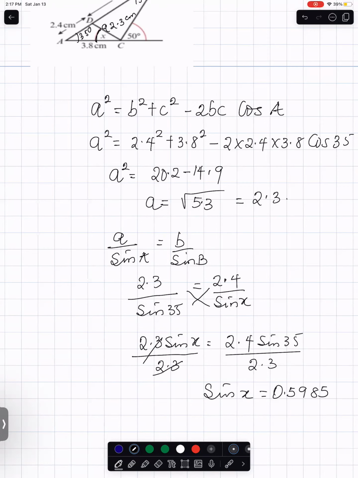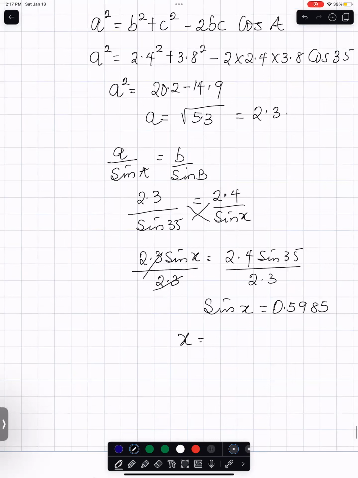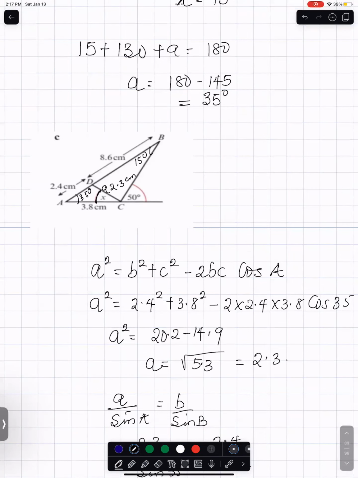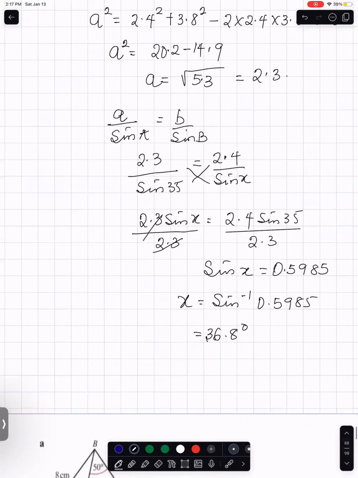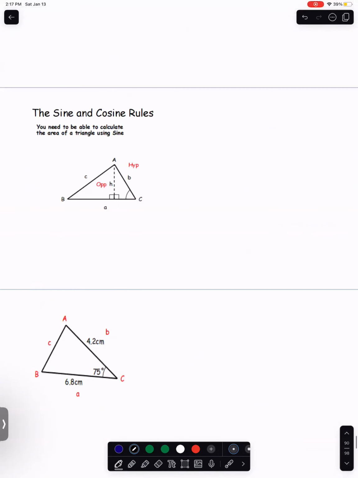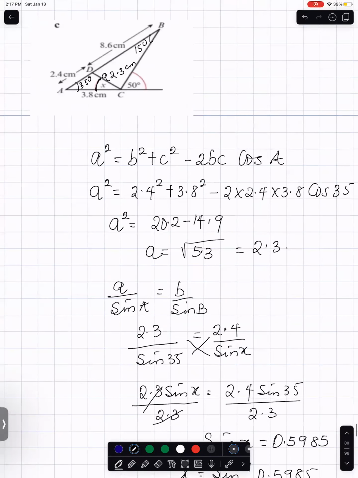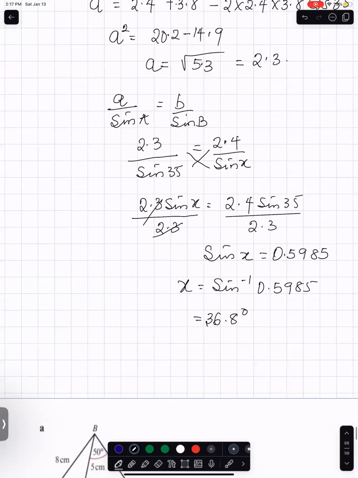So our x is equal to sine inverse of 0.5985, which gives 36.8 degrees. So the value for x in this shape is 36.8 degrees. So we've gotten x at 36.8 degrees.